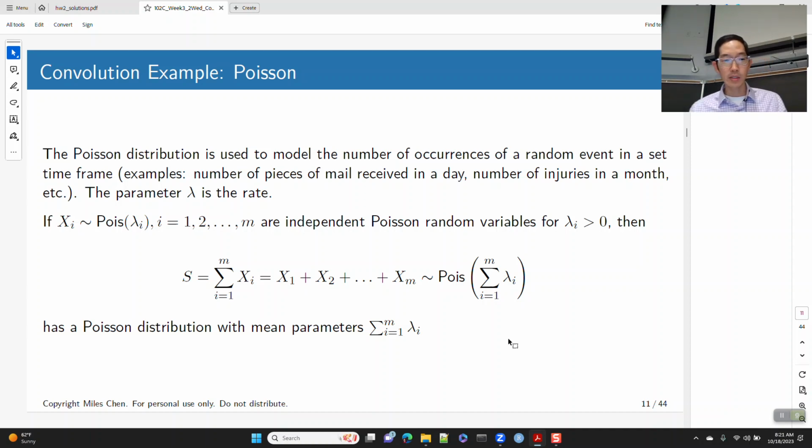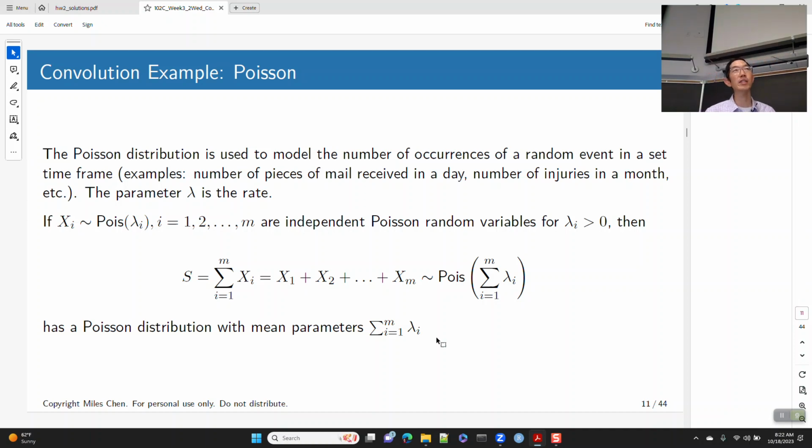Well, we're going to say X itself comes from a Poisson, and if these are independent, then the sum of these things is also a Poisson, where the lambda rate is also greater.